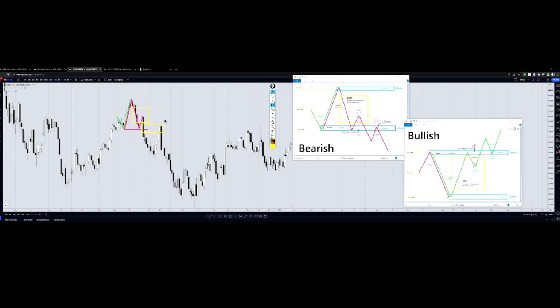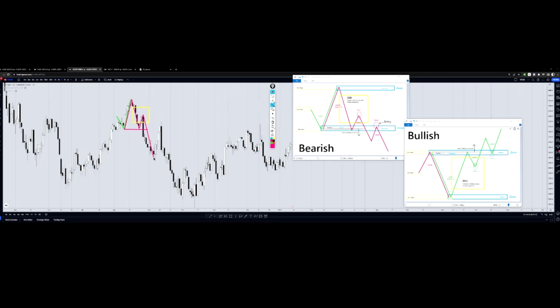It's the optimal trade entry as well, where it's coming back to between the 62 and the 70%, 79% retracement area, which I'll demonstrate in a second. So that was phase one.